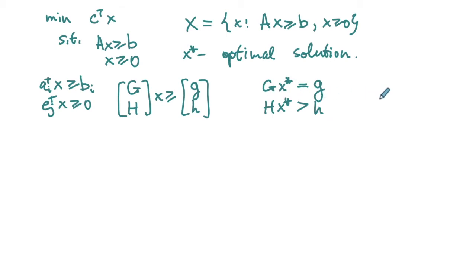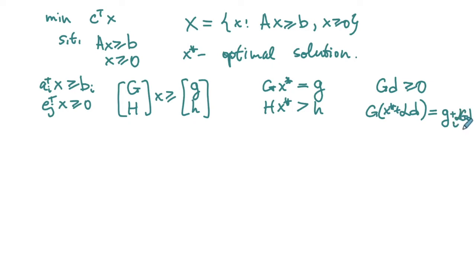So for binding constraints, we need to make sure that G times d is greater than or equal to 0 for the direction to be feasible, because if it is greater than or equal to 0, then G times (x star plus alpha d), where alpha is some positive step size when we move along the direction d, is going to be equal to, first of all, G times x star, which is equal to g small, and then plus alpha times G times d.